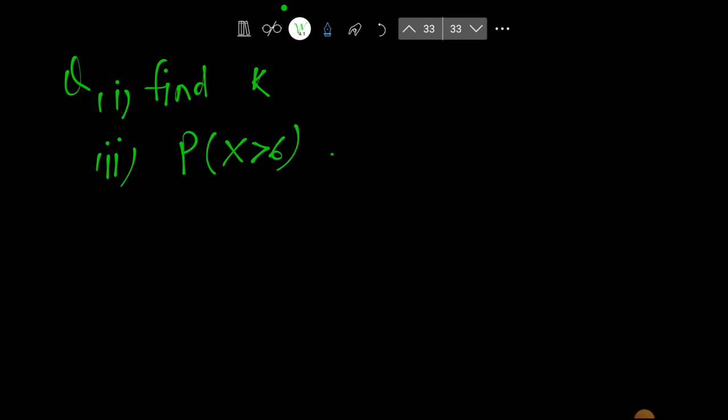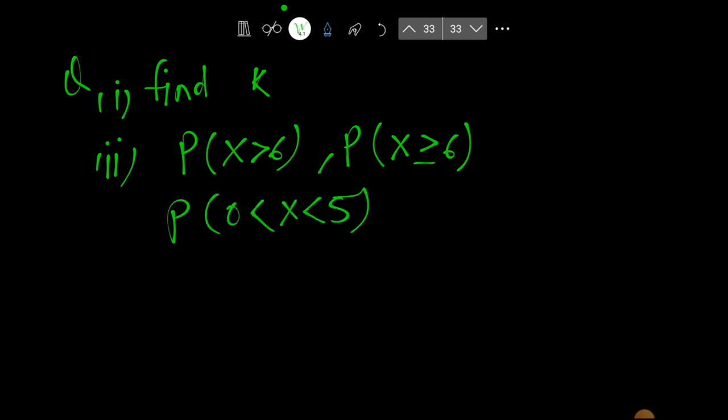Now, what is to be found? First question, find the value of k. Second, evaluate P(x < 6), P(x >= 6) and P(0 < x < 5).